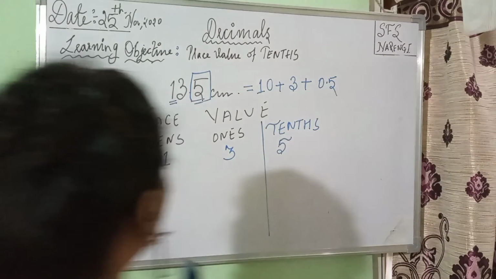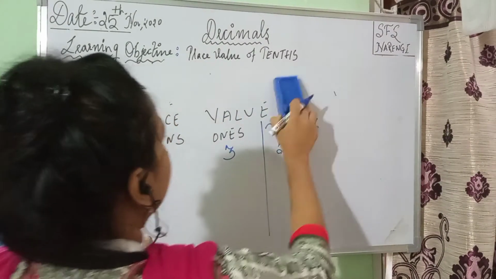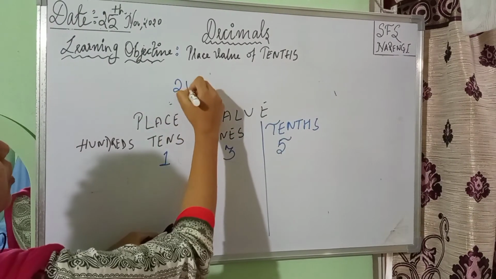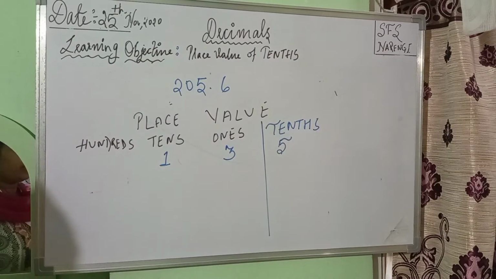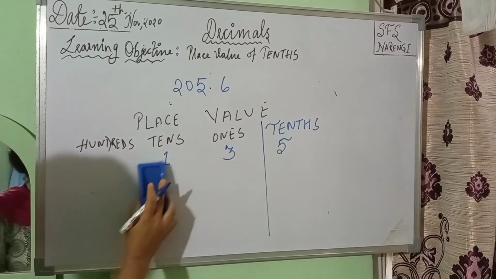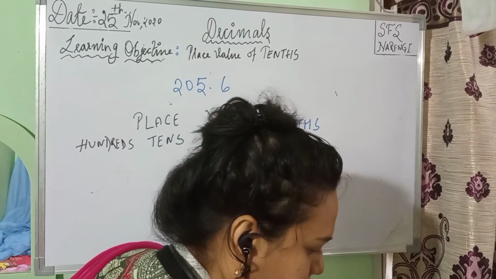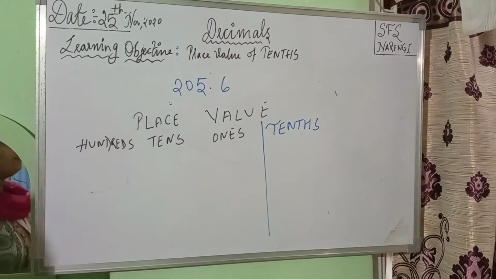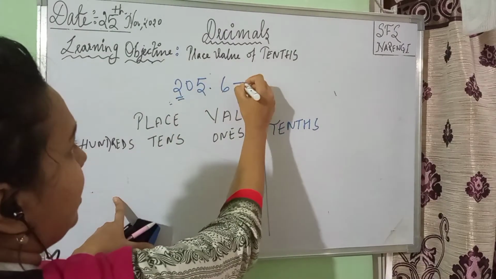Let me take a number, 205.6. I have to write the place value of this number. So in 205.6, what do I have? 2 is in the hundreds place.